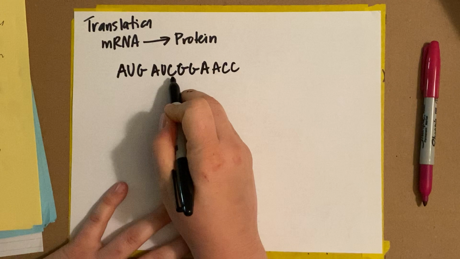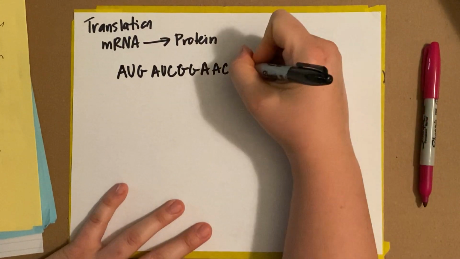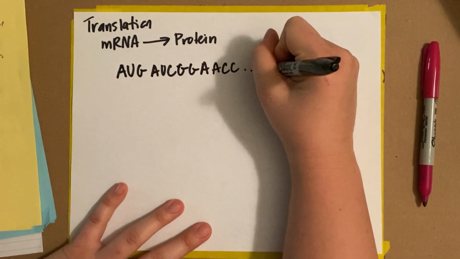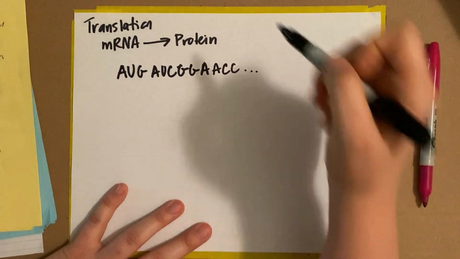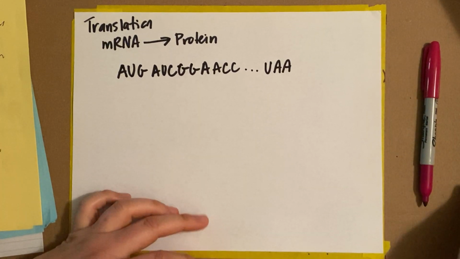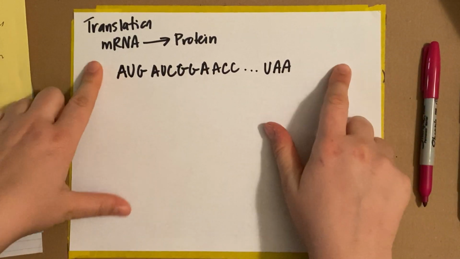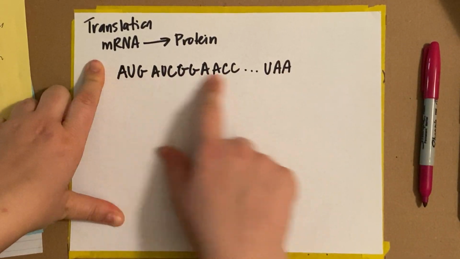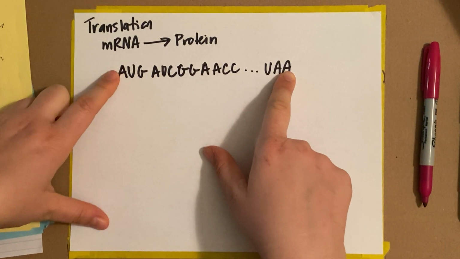I can just continue on writing this. This could continue on, and I'm going to end it with that. So you're going to have an RNA strand that has a sequence of the bases, okay?